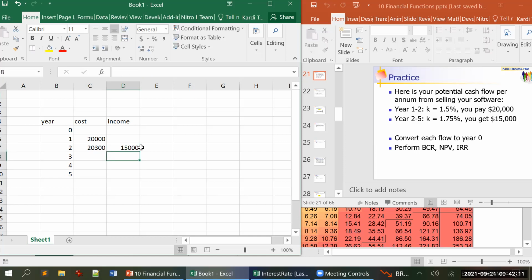But after that, you increase this one plus, how much is that? 1.75. This is your growth, right? Divided by 100 multiplied by the earlier one. Year 2 to 5.